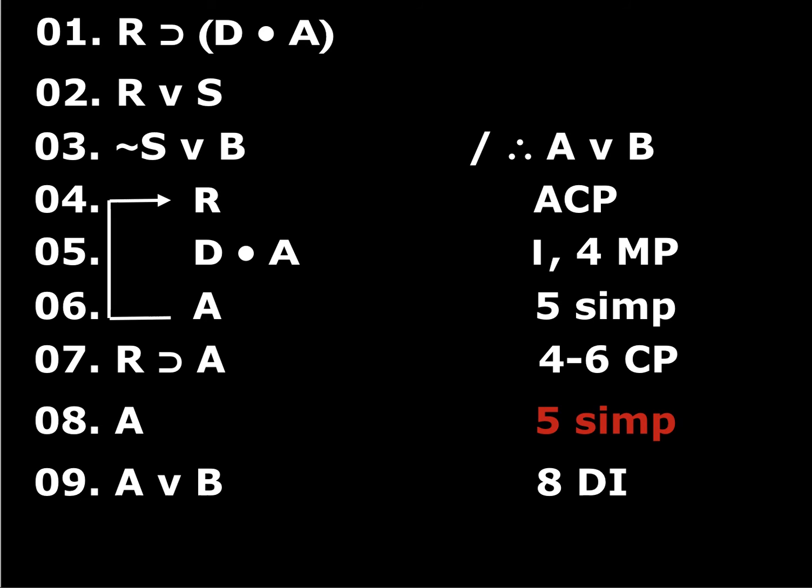But suppose they did something else. Suppose they got down to here, they closed the proof, they got if R then A, then they said, oh, I know how to finish this proof. I'll do simplification on line 5 to get A by itself, and then I can go A or B. Suppose they did that. Well, that would be bad, right? Because right here, they're citing a line that's in a subproof that's been closed.